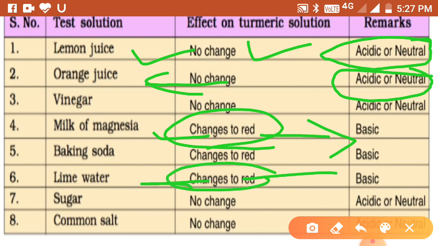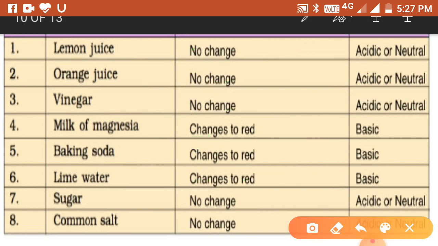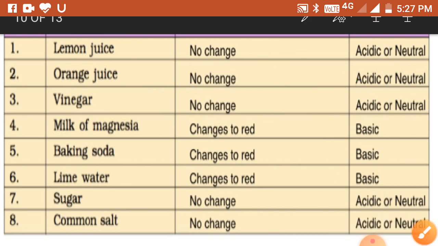That shows this is basic. So when the color changes into red, it shows the substance is basic. When there is no change in color, that means it may be acidic or may be neutral.